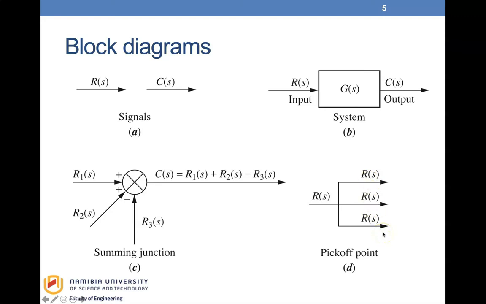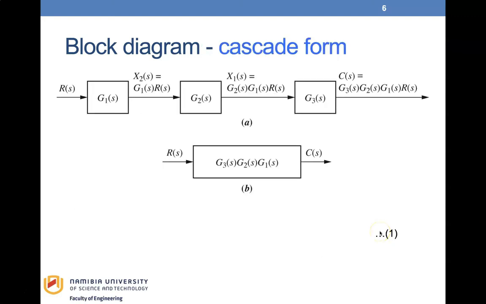We will now introduce different topologies of control systems models. The first form is the cascaded subsystems as illustrated in this diagram. You can see that the intermediate signal values are the output of each subsystem as shown here.